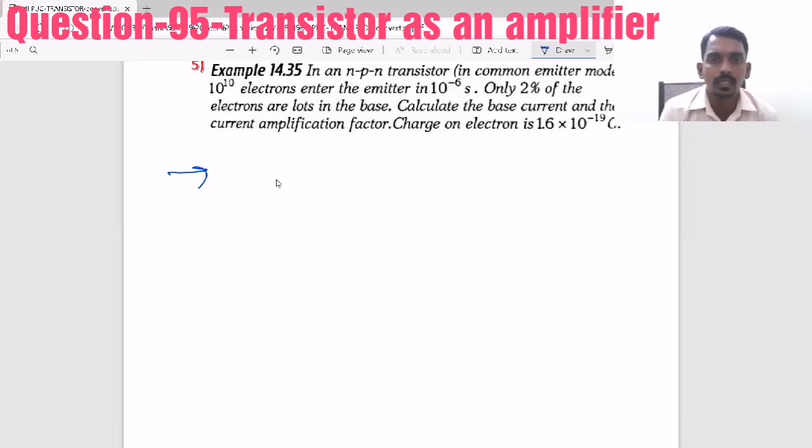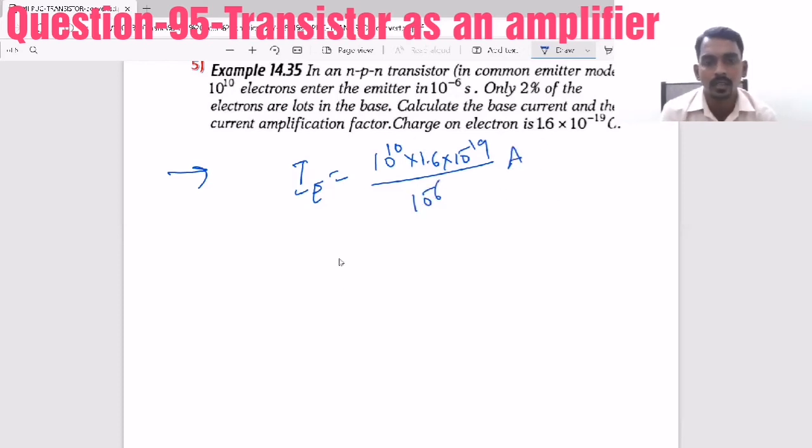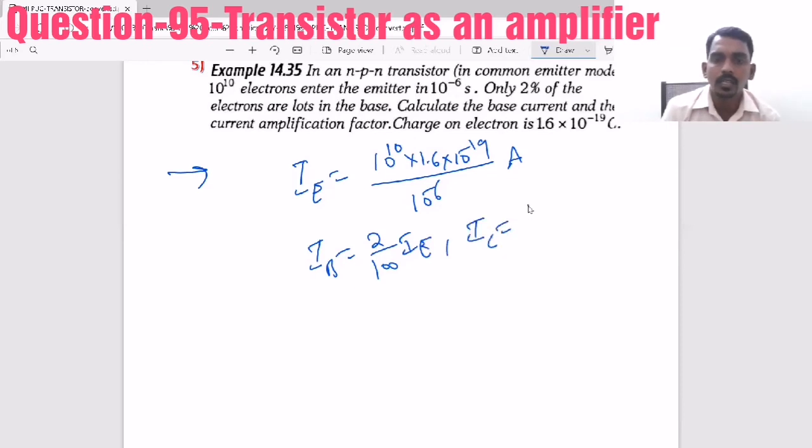Only 2% of the electrons are lost in the base. That means first emitter current is 10 power 10 electrons, means into 1.6 into 10 power minus 19. This is the total charge, in total time 10 power minus 6. This is the emitter current. Now base current is 2% of emitter current. So that collector current will become 98%.